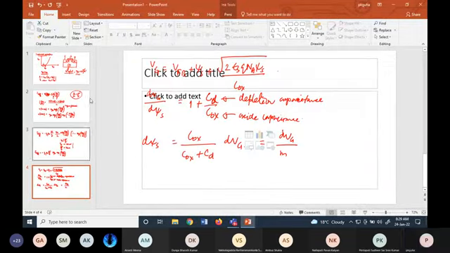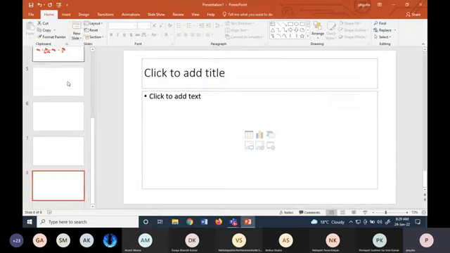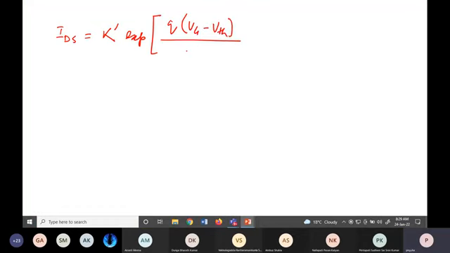What we can do from here is find the expression of current. Let me skip some of the steps, and we can write the current in the subthreshold region as this.